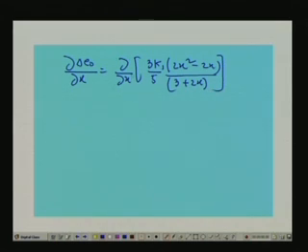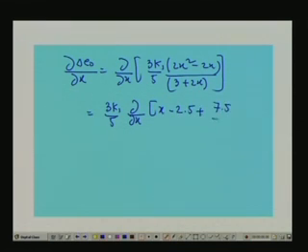So, this I will give you the value 3 K1 by 5 del of del x minus 2.5 plus 7.5 upon 3 plus 2x.